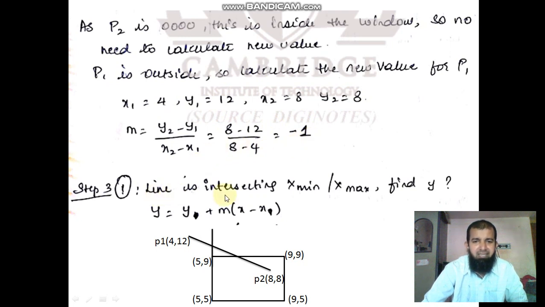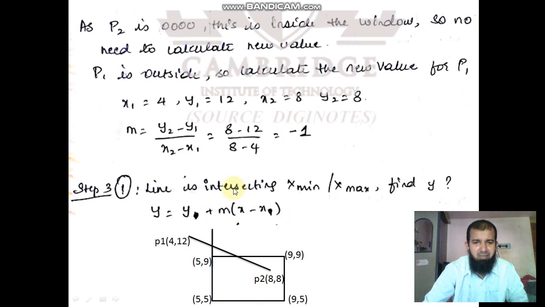Next, the line is intersecting x min or x max, so you need to find the y value. This is the line, and it intersects here. What is the equation to find the y value? Y is equal to y1 plus m into x minus x1.